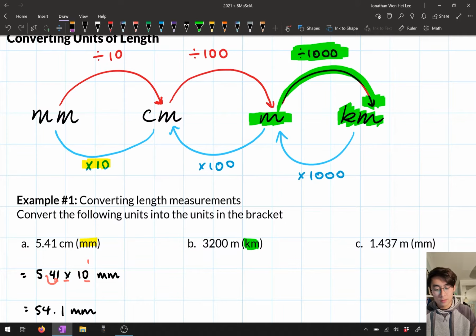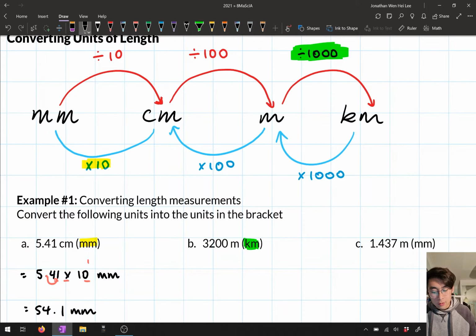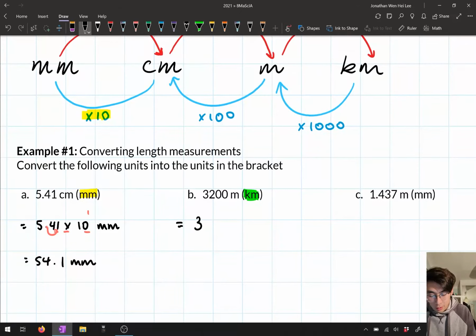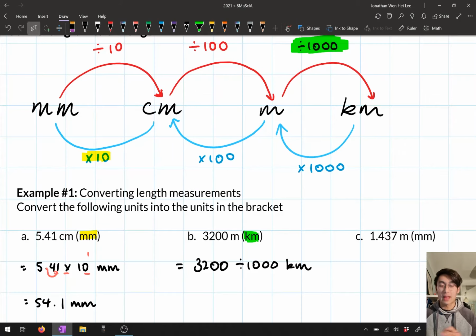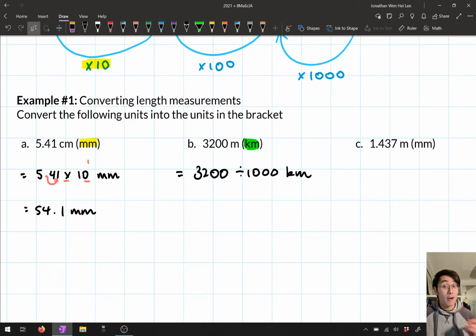So this is the same as doing 3,200 divided by 1,000 kilometers. When I'm converting from meters to kilometers, I'm dividing by 1,000 because that's what the particular conversion tells me.